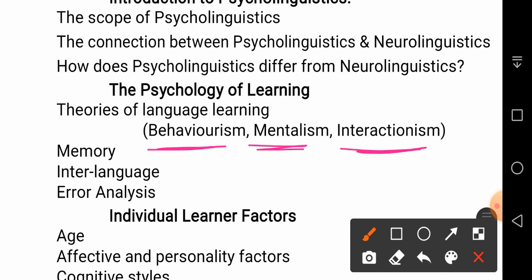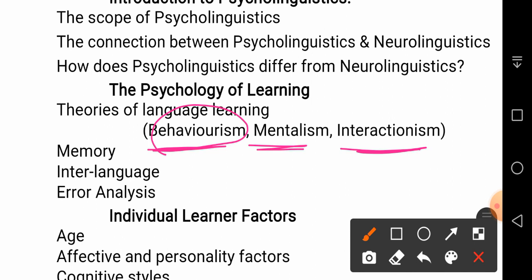They hypothesize. Behaviorism has many experts, some were biologists, like Pavlov, who talked about classical conditioning. Then Thorndike was there. Then B.F. Skinner talked about operant conditioning.